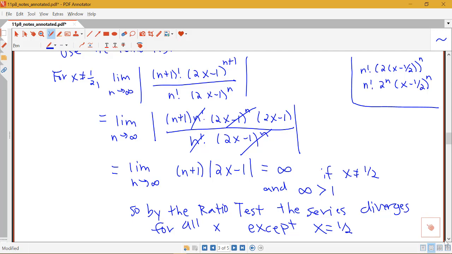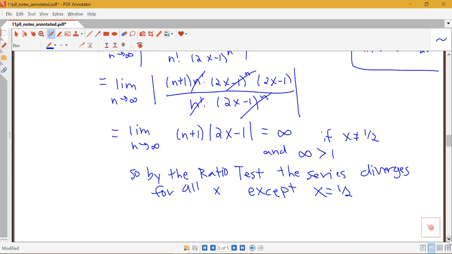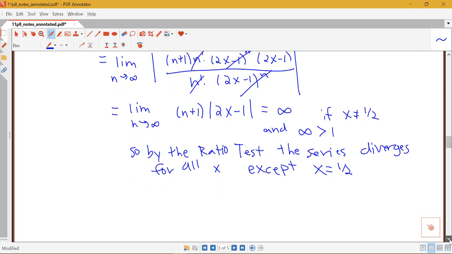Okay, so when we go ahead to say where the series converges, this is the worst case scenario where it only converges at a half. So except at 1/2, since the series must converge at its center.